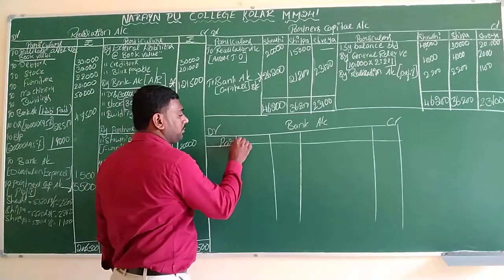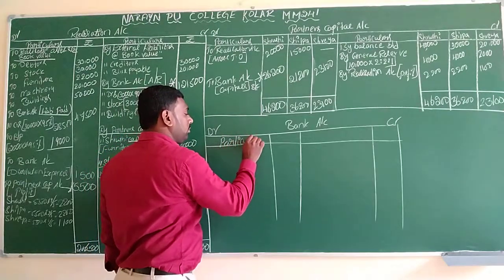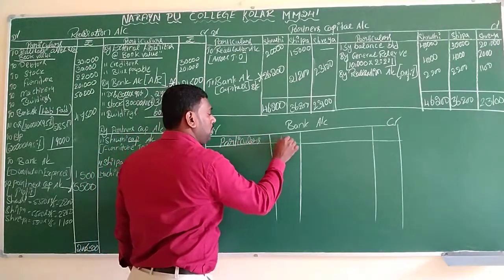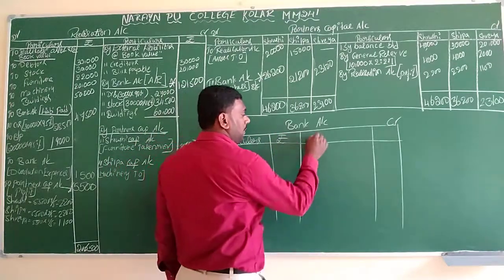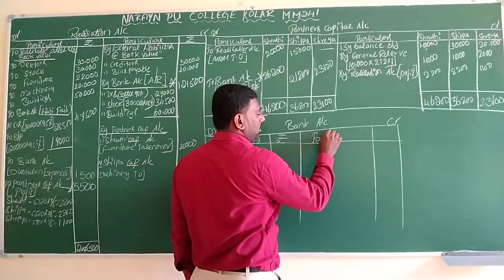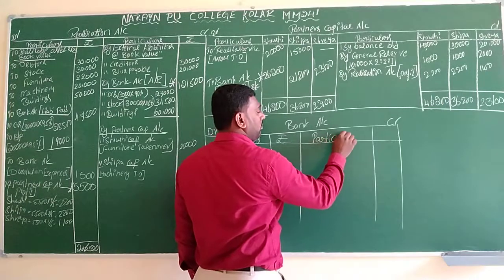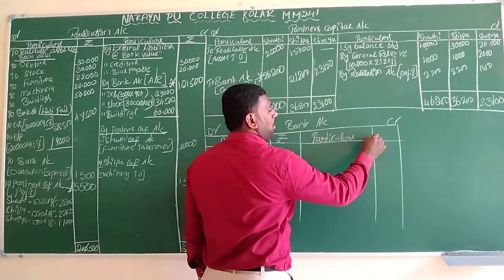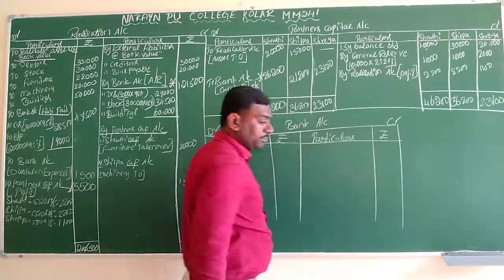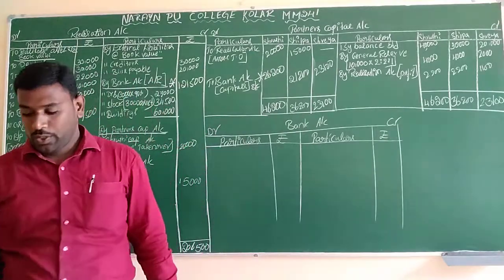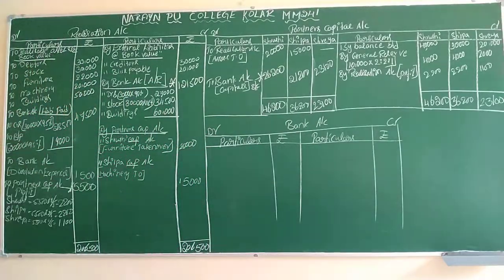Particulars, amount, particulars, amount. So like this we will draw the columns for the bank account.